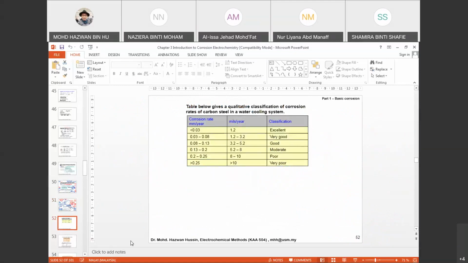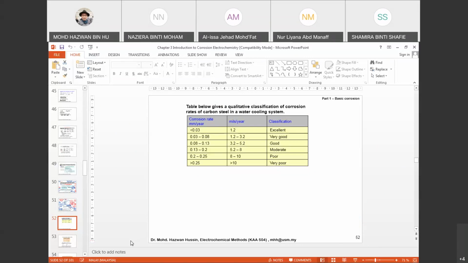After we have calculated the corrosion rate, what is important is to classify them, whether this material will experience severe corrosion, mild corrosion, or less corrosion. That is why we have a classification of corrosion rate for different types of metal. For example, for carbon steel, if the corrosion rate is less than 0.03 mmPy, then the process of corrosion is very low.